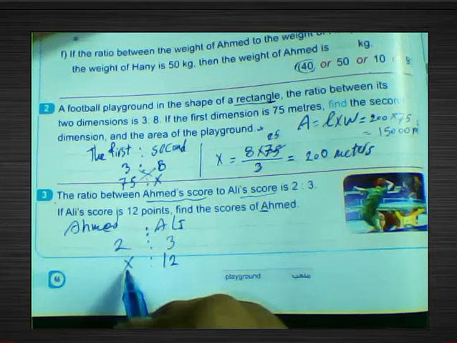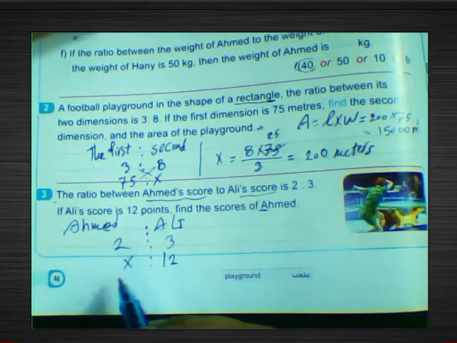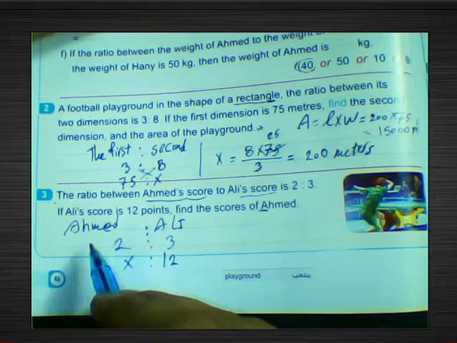So we can write X here. X refers to the score of Ahmed.